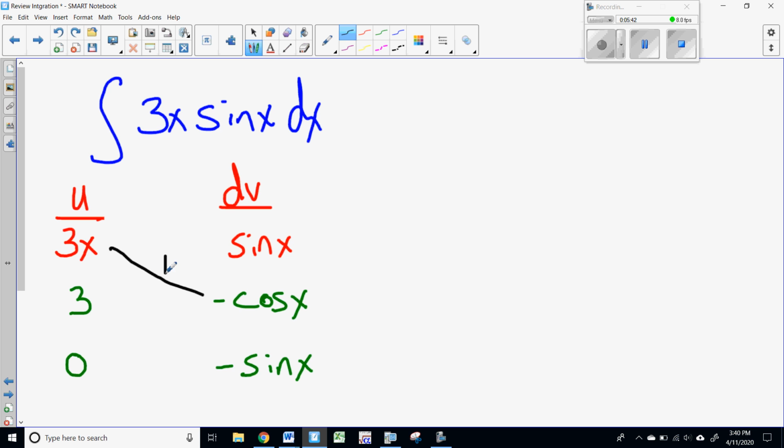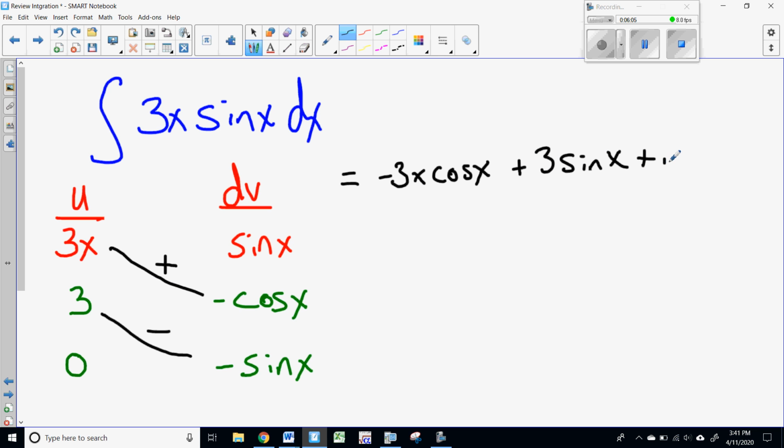Then we go diagonal. Our first diagonal is a plus, our second diagonal is a minus, and we just continue plus and minus. So the first one, we have a minus here, so this is minus 3x cosine of x. The next one, we have two negatives, which make a plus, which is plus 3 sine of x plus c.